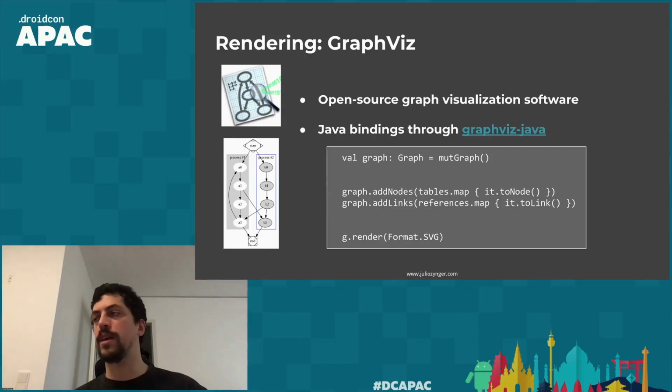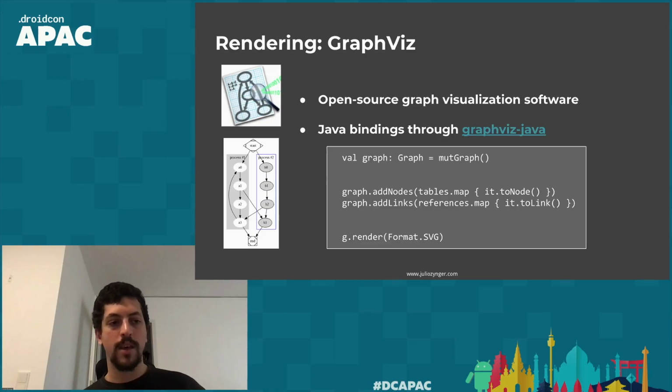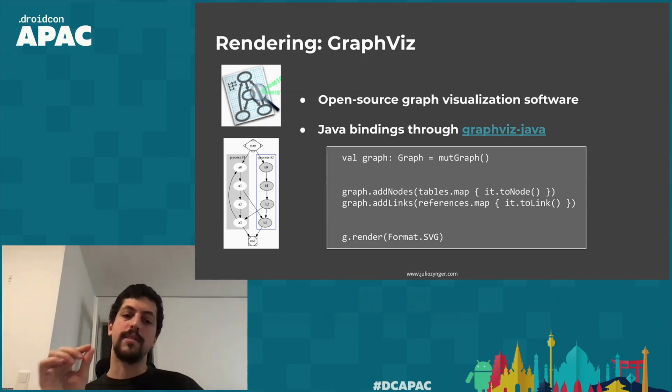SVG is specifically interesting for us, and I want to give a spotlight to SVG because, as you might know, SVG is kind of like XML on steroids to draw vector graphics. And that is great because, being a vector, you can take any dimension, so you can scale it without losing quality. That also means that when we check these files into our code base, they take very little space.